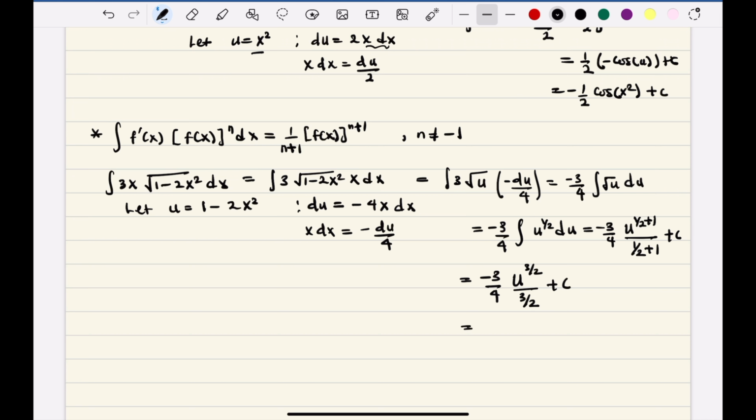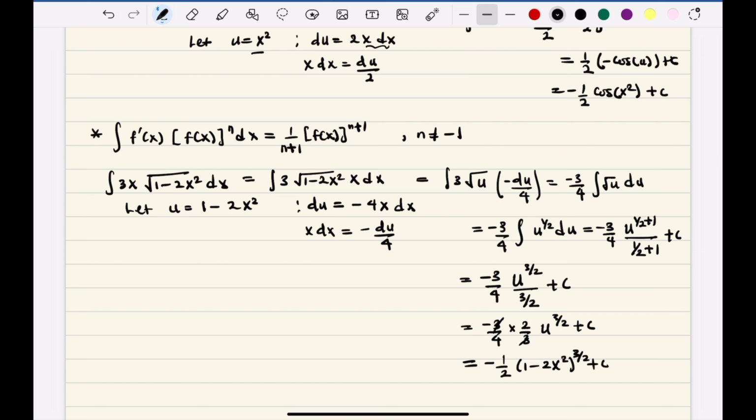We can write this as negative 3 divided by 4 multiplied by 2 divided by 3, then u raised to the power of 3 over 2 plus c. And we can finish this as negative 1 over 2. So what's u? U is exactly 1 minus 2x raised to power 2, then raised to power 3 over 2, plus c.